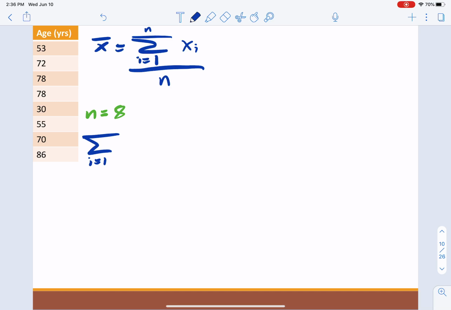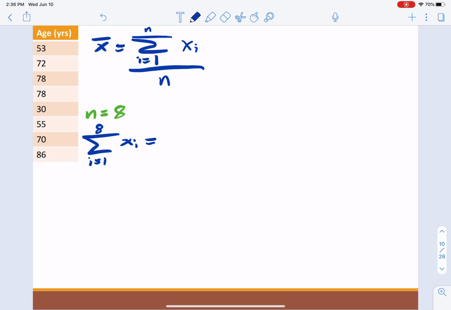So we've got the sum starting from the first one, and since we have 8 points in our data set, we'll just write an 8 up here instead. There we go. So the sum from the first to the 8th, which is the first to the last, of xi.